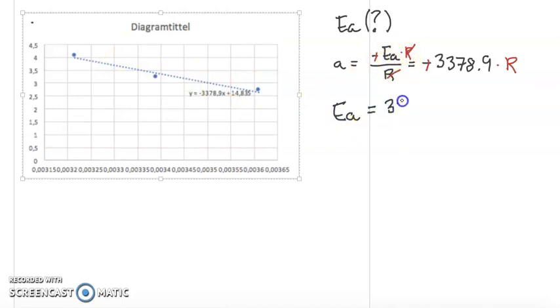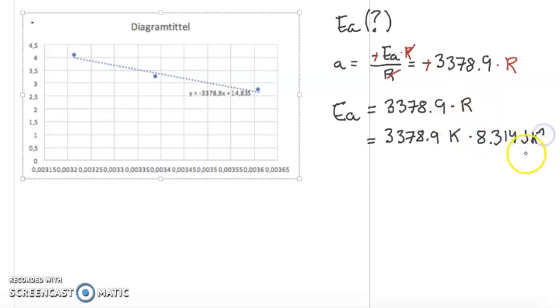We have 3378.9 times the gas constant, and actually the slope here has the unit Kelvin, and we multiply this by the gas constant, which is 8.314 joules Kelvin minus 1 mole minus 1.